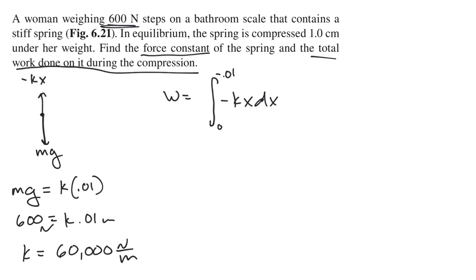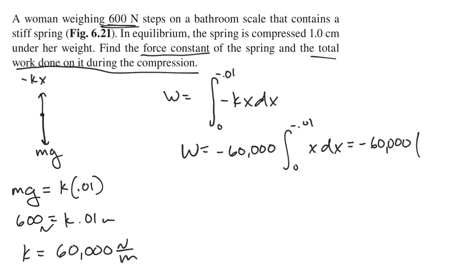And now we get to do that integral. Work equals negative k, which is negative 60,000. It's the same integral we just did. Integral from 0 to negative 0.01 of x dx, which is going to be negative 60,000 times x squared over 2, and that's evaluated from 0 to negative 0.01.